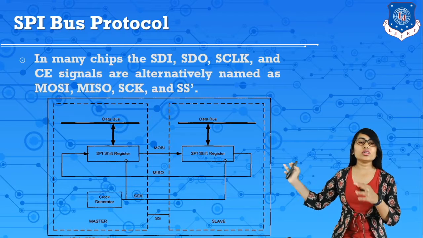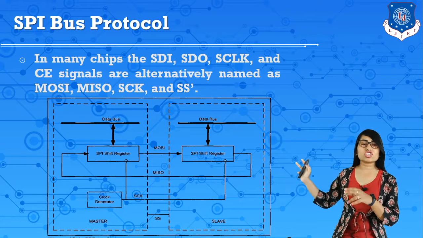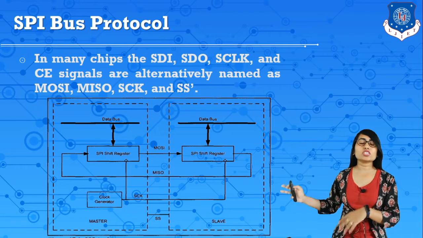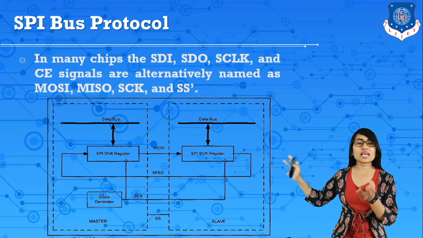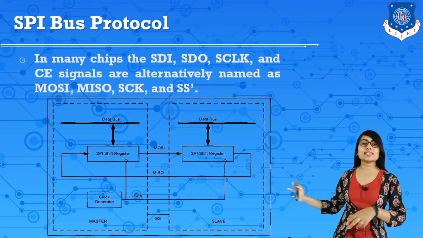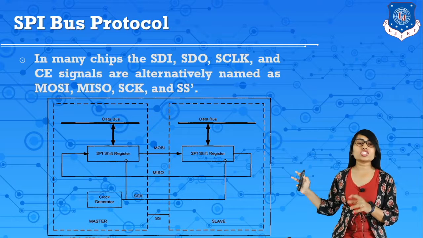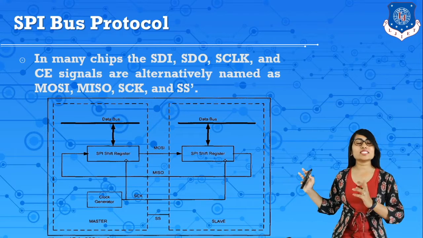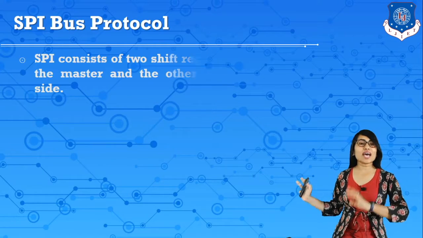Here there is an SPI shift register, a clock generator, and a data bus for transmission. This is the master and this is the slave. This is master output slave input and this is master input slave output. According to the direction of data transfer, the master works as an output and the slave as an input, or vice versa. So this is the SPI bus protocol with master and slave.